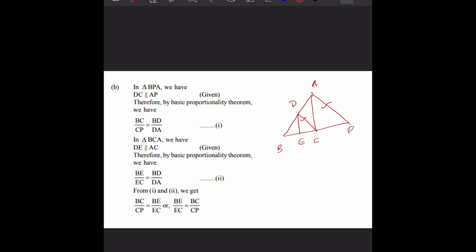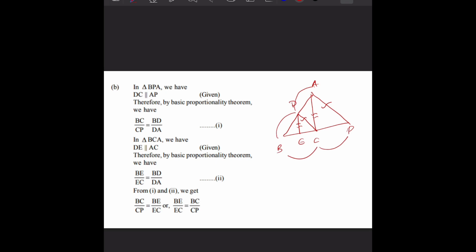Therefore, by BPT, basic proportionality theorem, BC upon CP is equal to BD upon DA. Similarly, DE is parallel to AC.